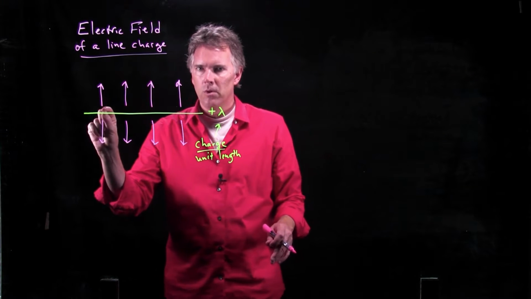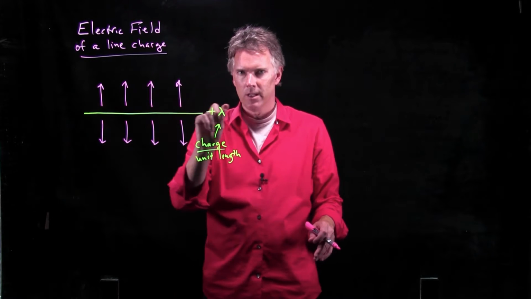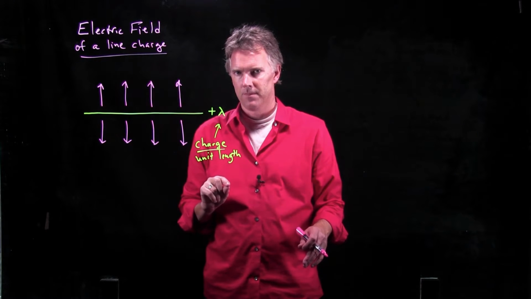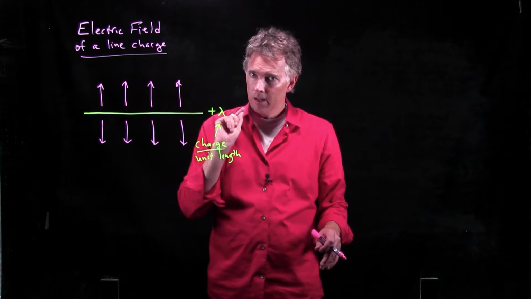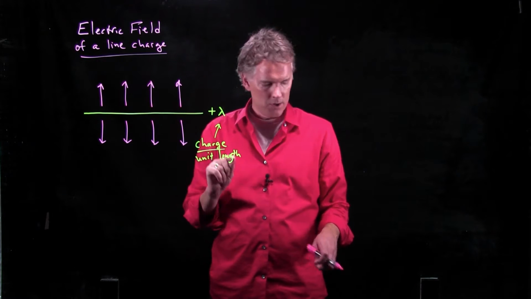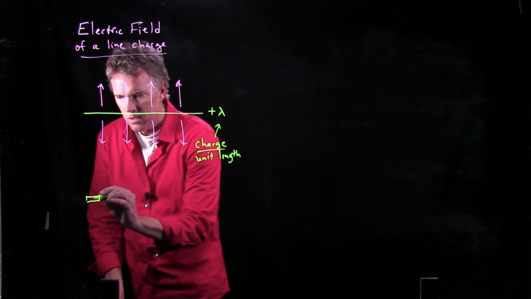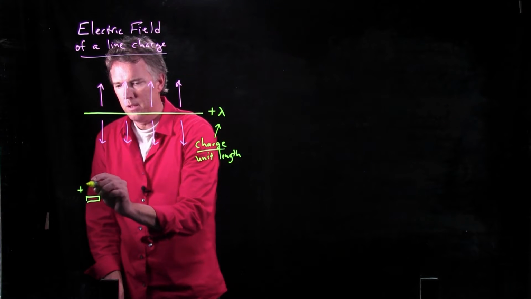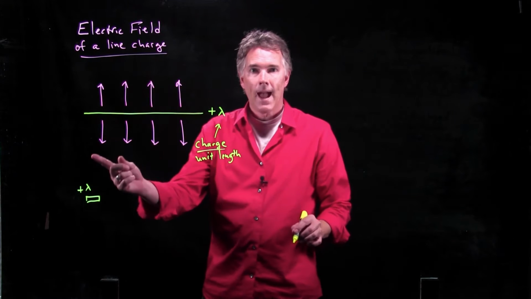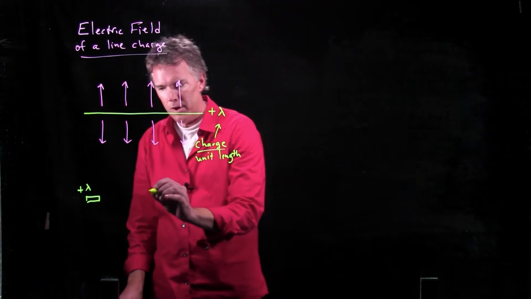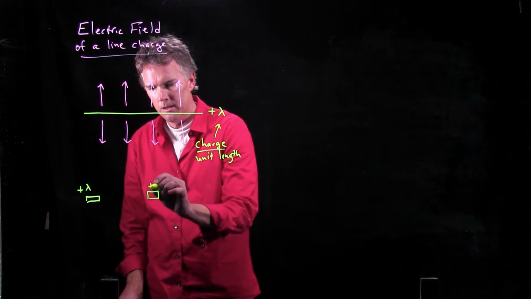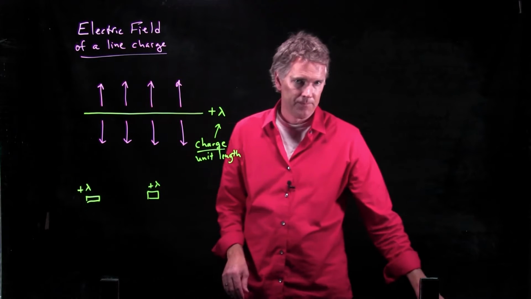It has to be an infinitely long line of charge. If it is an infinitely long line of charge, then any region of that plus lambda will have a mirror image of another plus lambda over on the other side.